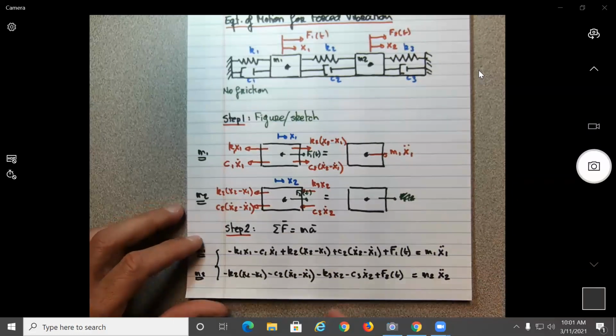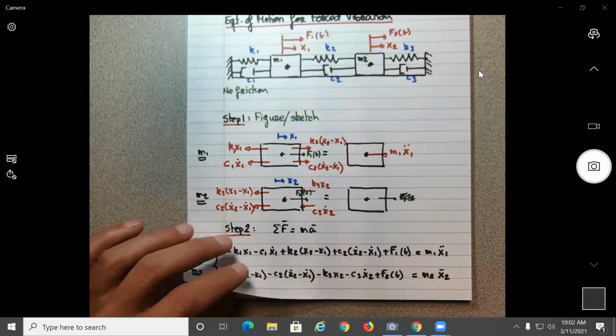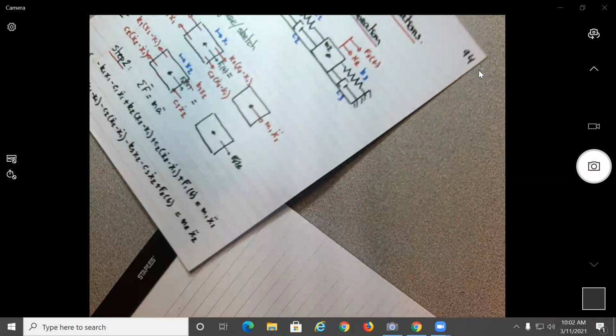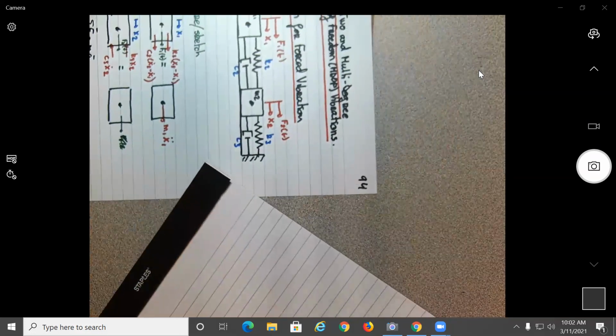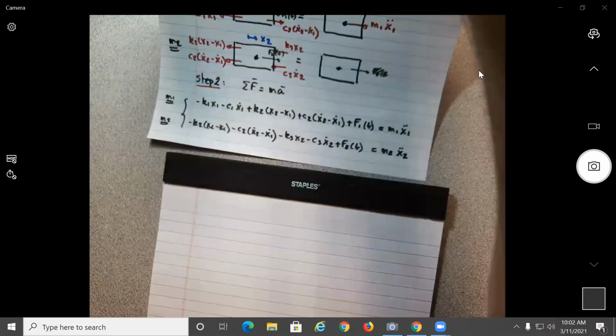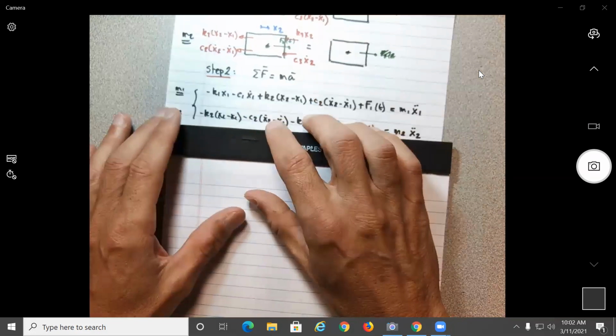All right, so now we're going to go to the next page. What we need to do is simplify these equations and see what happens. All right, so let's see what we get.